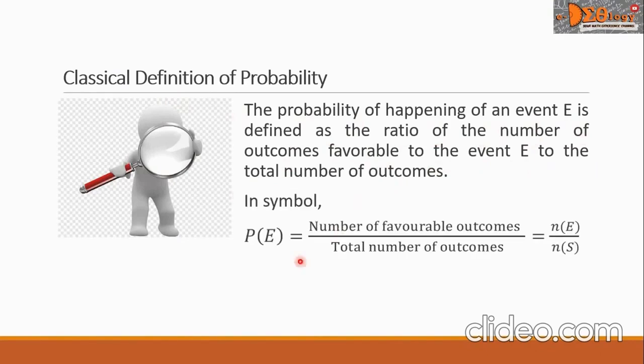In symbol, this is P of E equals the fraction whose numerator is the number of favorable outcomes over the denominator total number of outcomes, or we say sample space. In symbol, this is equal to the number of outcomes for E over the number of the sample space.